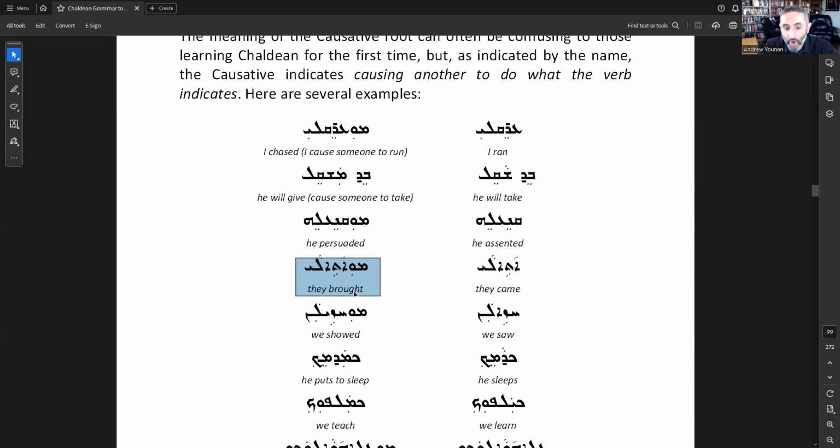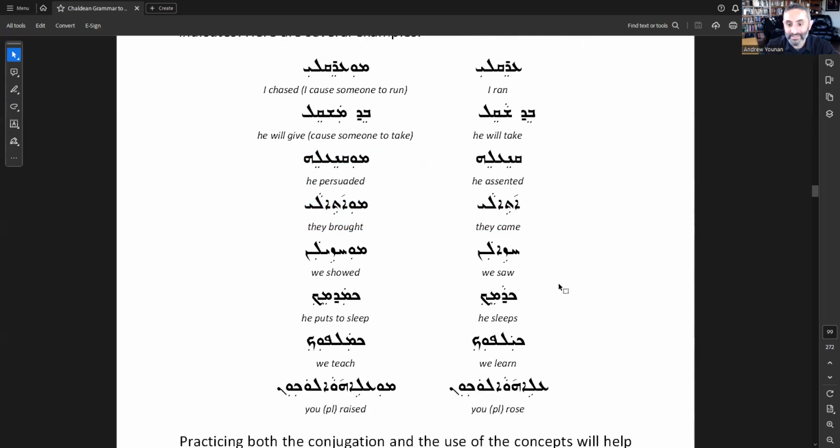Muthele, they brought. What does it mean to bring something? You caused something to come. Ghzelan, we saw. Mughzelan, we showed. We caused somebody to see. So again, you're just taking the same verb, and what is the causative? It's causing somebody to do that verb.